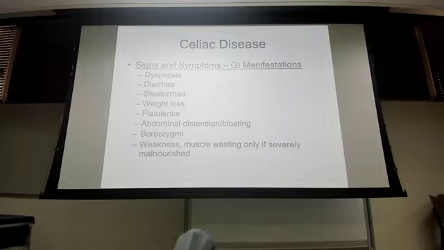GI manifestations of celiac disease: chronic diarrhea, once again the steatorrhea, abdominal bloating, flatulence, weight loss. So it sounds like a lot of the disorders we've been discussing this week, right? They might also have borborygmi, those loud abdominal noises on auscultation.